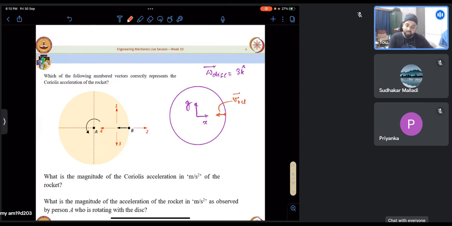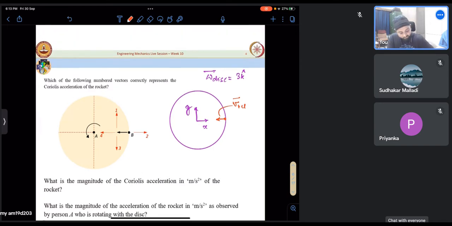And it is having A, but that is the absolute acceleration as seen from the ground, is what is given. Which of the following numbered vectors correctly represents the Coriolis acceleration of the rocket? We know Coriolis acceleration is 2 omega cross V_rel.